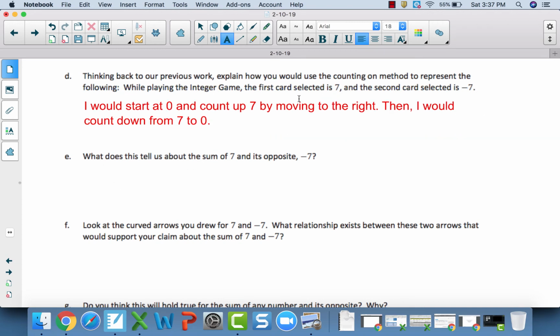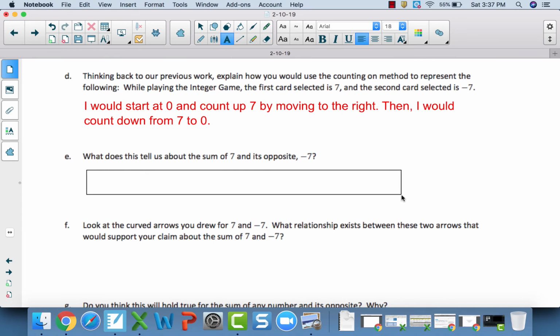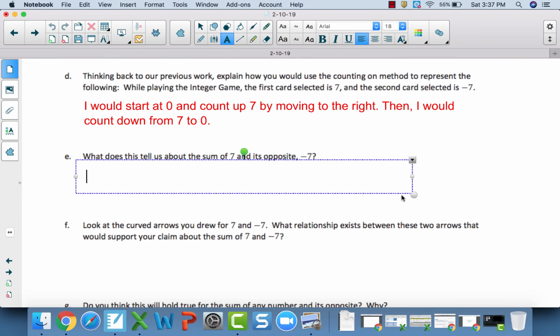This 7's positive, so you would go from 0 to +7. This -7 is negative, so you would leave from where the previous card left off and go down 7 to 0. So what does this tell us about 0 and the opposite? This tells us 7 plus -7 equals 0. These are called additive inverses.